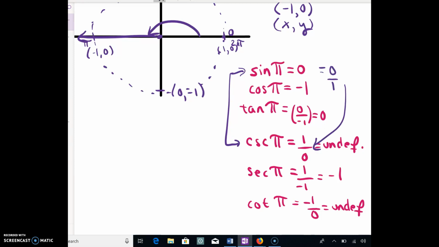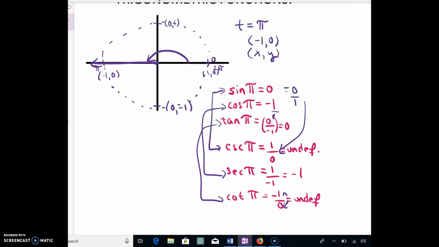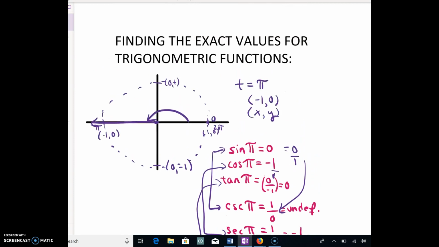The reciprocal of cosine of pi is negative 1, which we could call negative 1 over 1, is 1 divided by negative 1, which gives us negative 1. And the reciprocal of tangent, again, if we have 0 over negative 1, the reciprocal of that is the same thing as saying 1 divided by 0, which is undefined. So we could either use the definitions, or we could use the fact that we know the reciprocals of these functions also to help us get the answers.